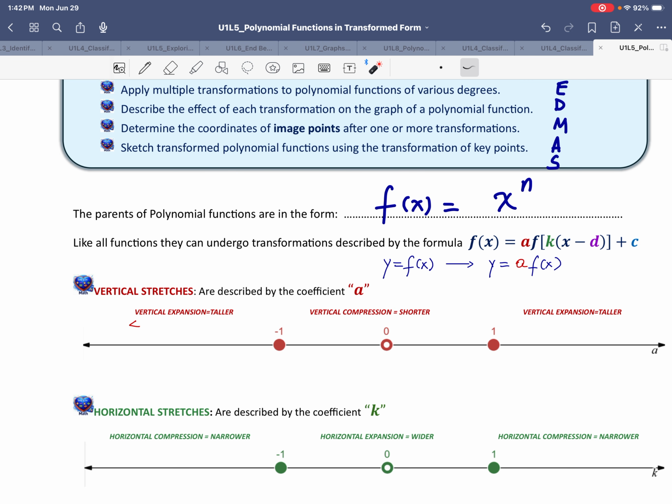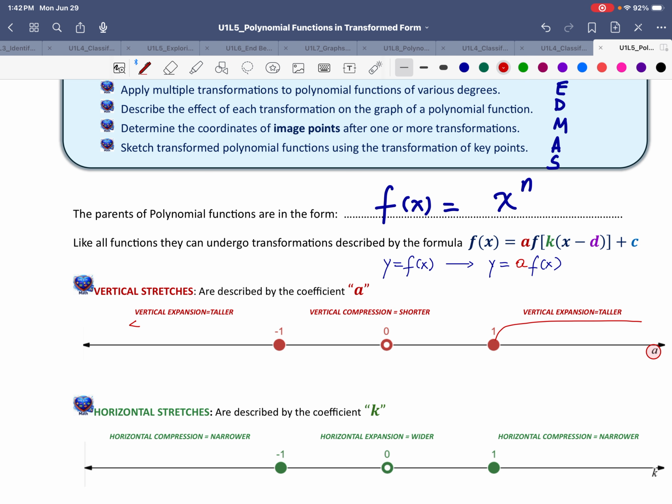In the vertical direction, the function will get taller. That's what that means. My favorite way of expressing this is by simply stating that the graph undergoes vertical expansion, and I like to add a little description at the end, but it is not a must. Now, we're going to say that for this section of a values, the function will get taller.